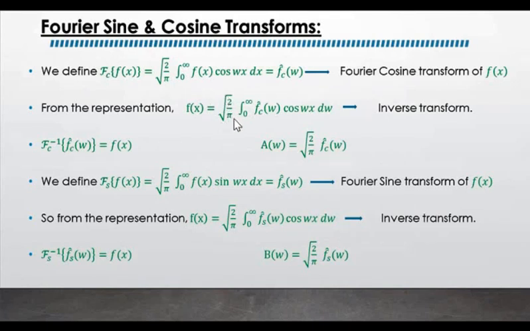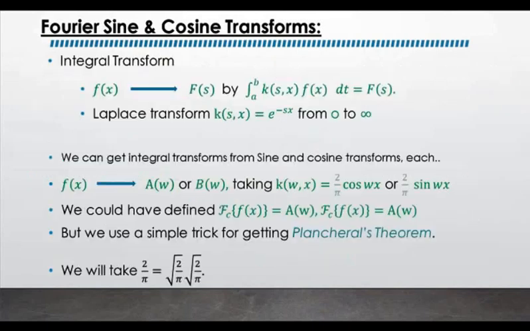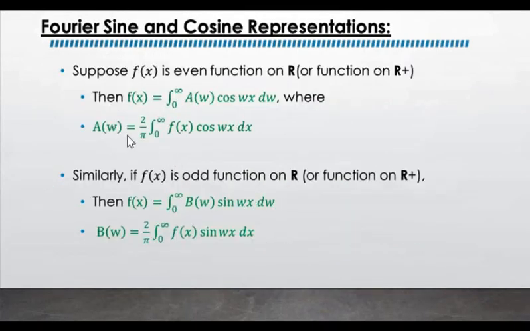So the integral 0 to infinity of f cap c omega into root of 2 by pi cos omega x will give you f of x back. This is just the inverse part. You use the first formula to derive this, so instead of a omega, you use root of 2 by pi into f cap c omega.